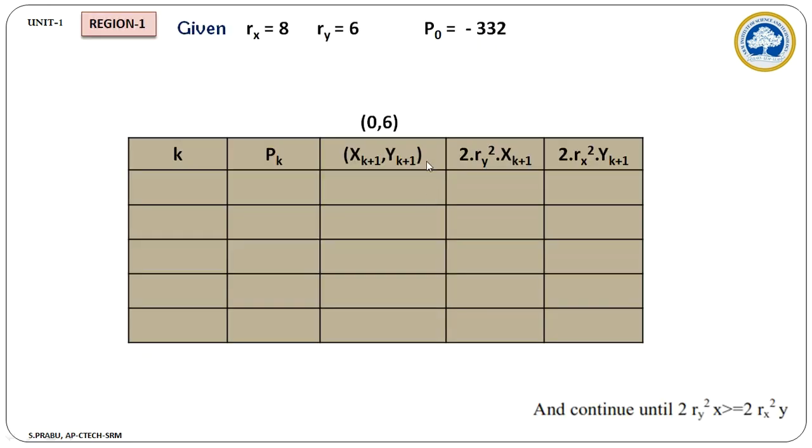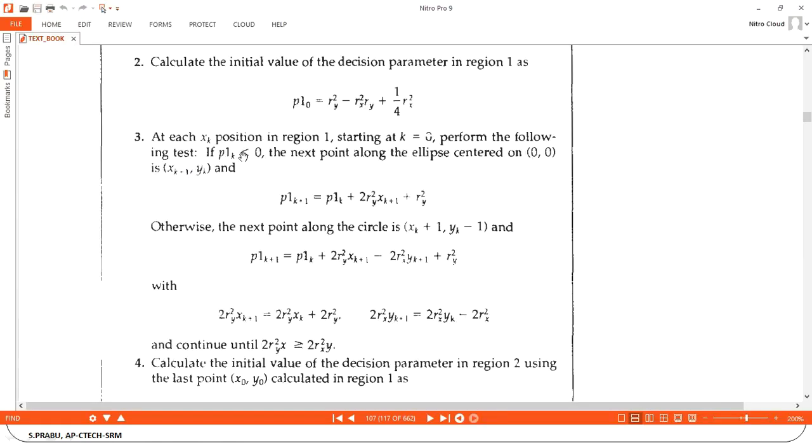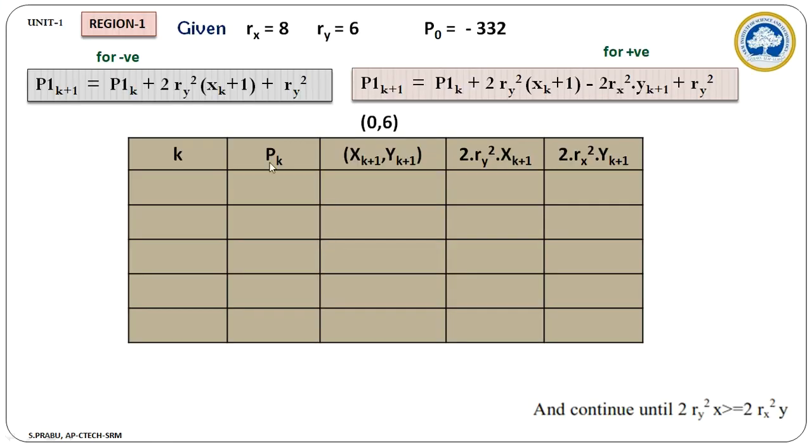Here the ry value is 6, so I write 0, 6. For a negative value we use this formula, and for a positive value we use that. So I copy this formula here. For simple calculation, I calculated 2ry square, that is 72, and 2 into rx square, that is 128. These two values are constant for all iterations.